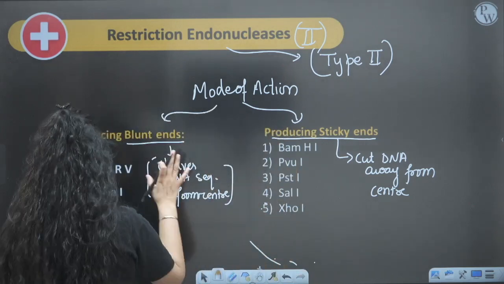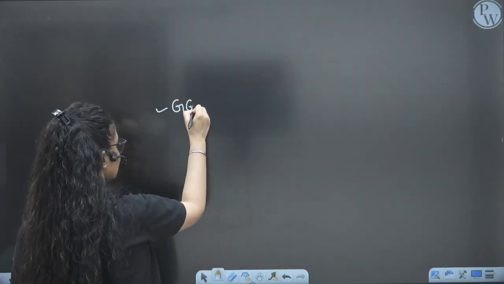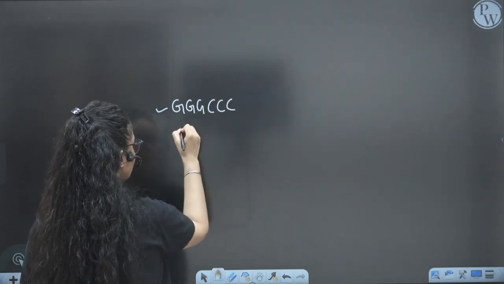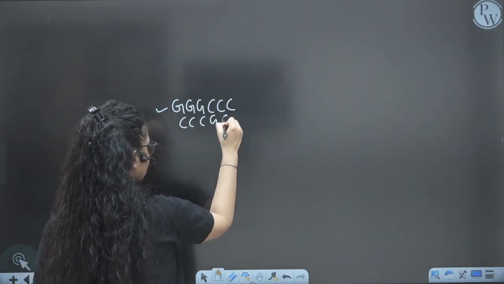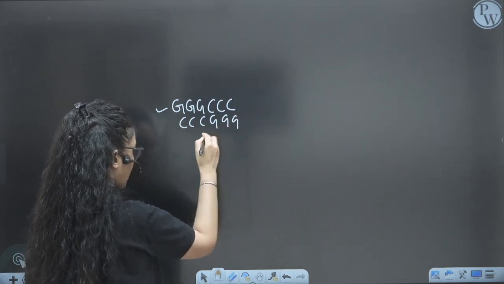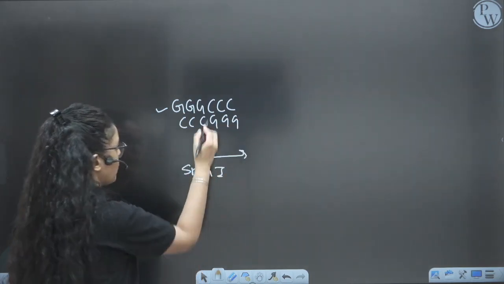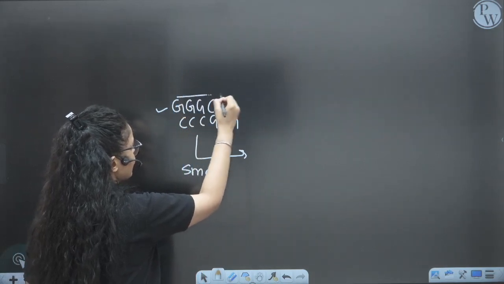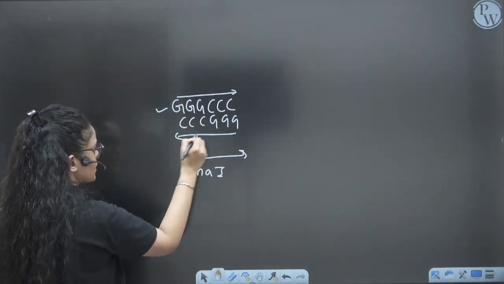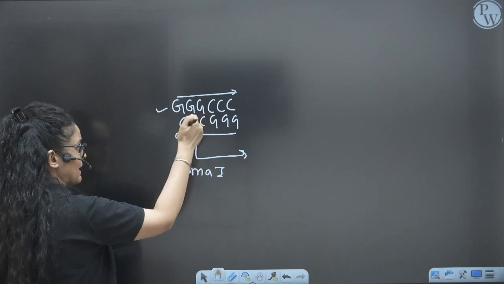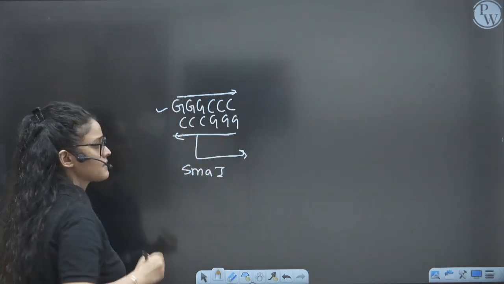So when we talk about the blunt end, what is blunt end? Suppose this is the recognition sequence for an enzyme, suppose SmaI. So this is the recognition sequence for SmaI. If we read it from this direction to this direction or this direction to this direction, it is the same. So GGG, CCC, GGCC.